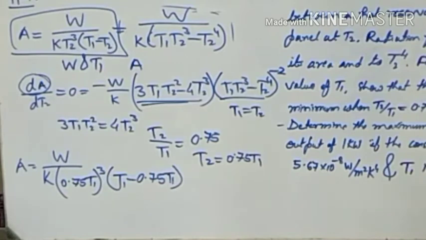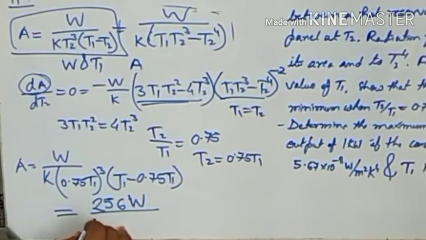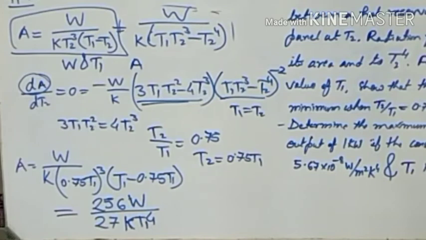So we get area minimum equal to 256 W upon 27 K T1 to the power 4. So that is the minimum area required.